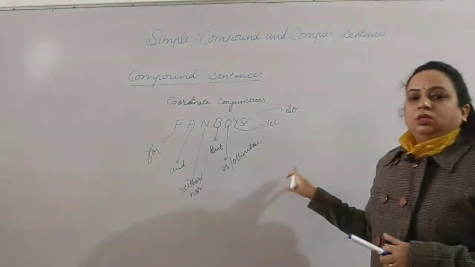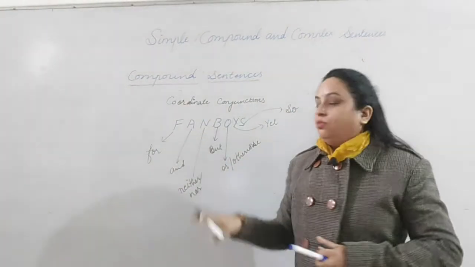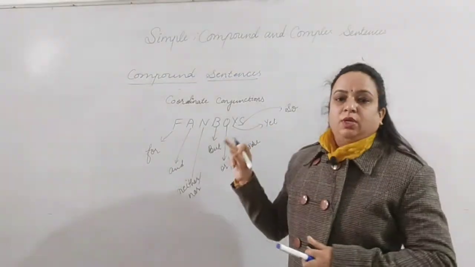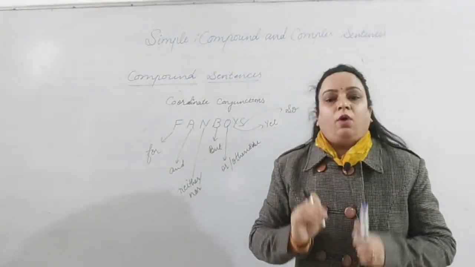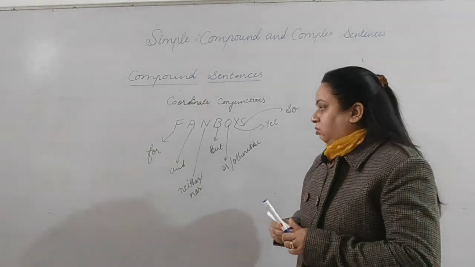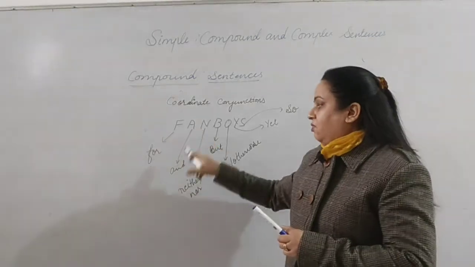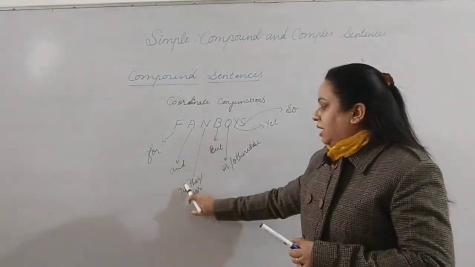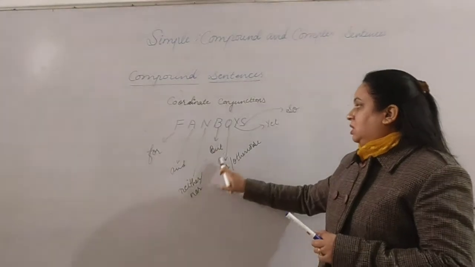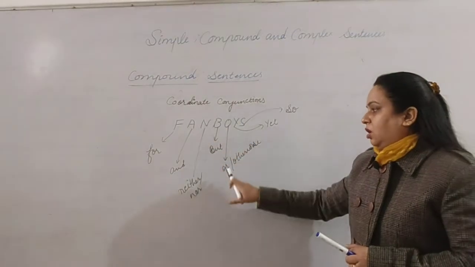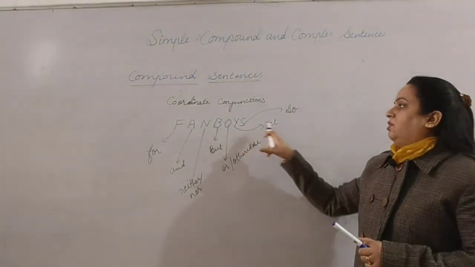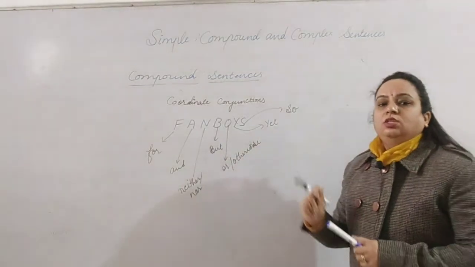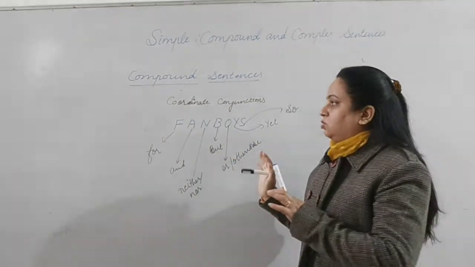So you have to learn these words only with the help of this abbreviation, FANBOYS, where F stands for for, A for and, N for neither nor, B for but, O for or and otherwise, Y for yet, and S for so, right? So this is a very important part.